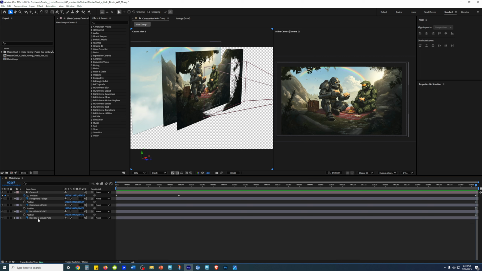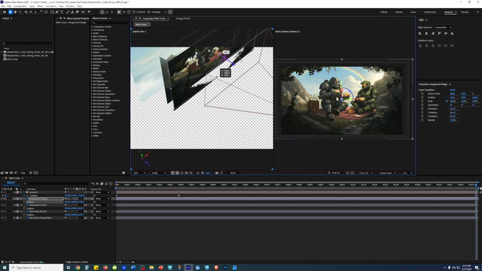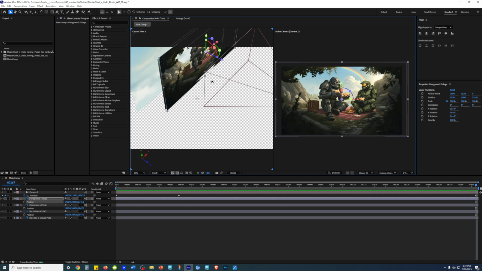I'm gonna grab my foreground foliage, and then maybe do that. Basically, I want to be able to wrap it around the scene more, like that. So I push it back.